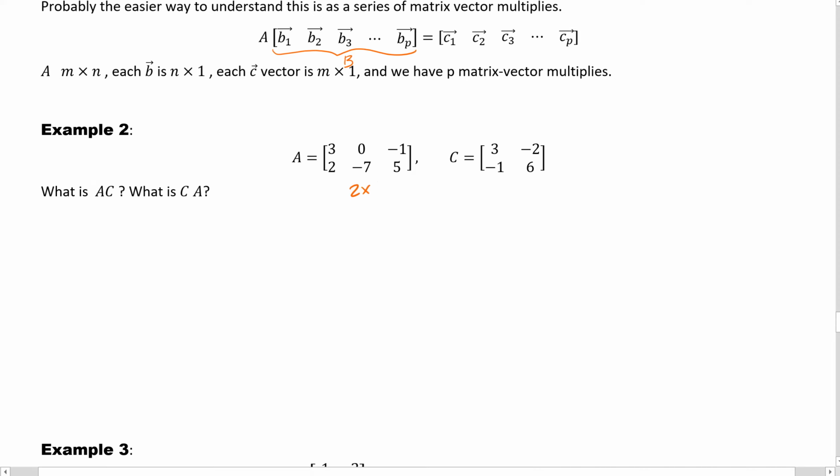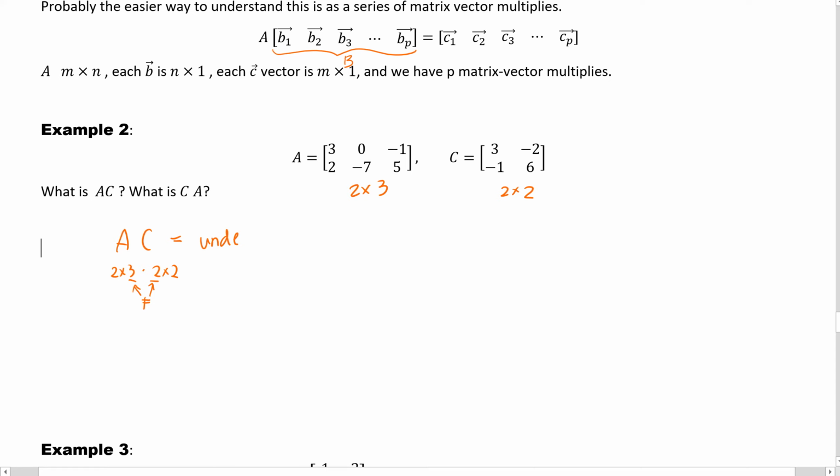This is 2 by 3. What's the size of C? 2 by 2. Okay, let's look at AC. Well, A is 2 by 3, and C is 2 by 2. Does the inner dimension match? Uh-oh, don't match.